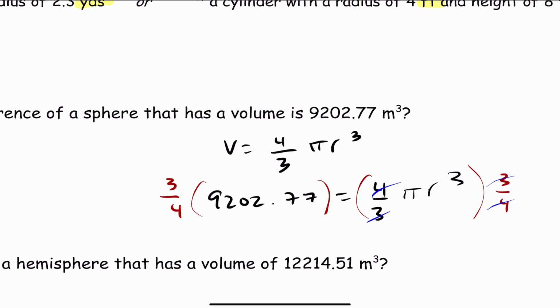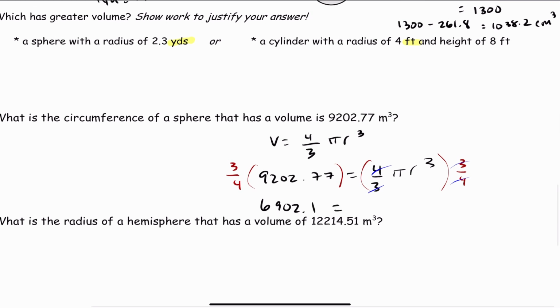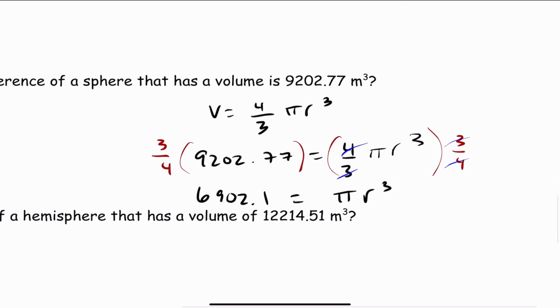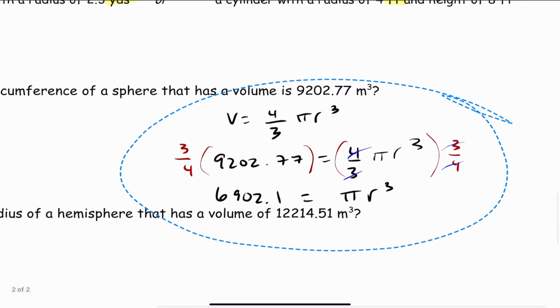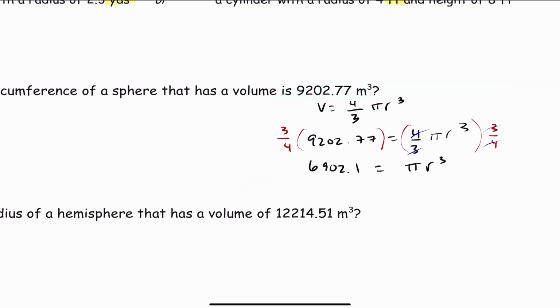And you get 6,902.1, let's say that, which is equal to pi r cubed. Now I'm going to divide both sides by pi because I need to get r cubed by itself.